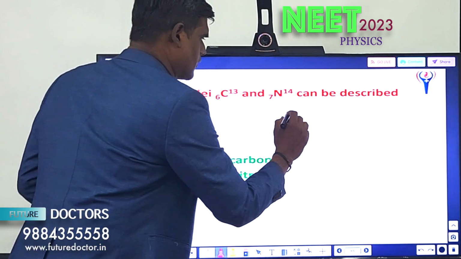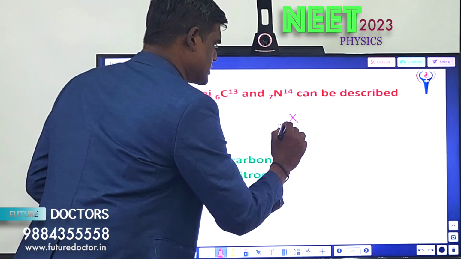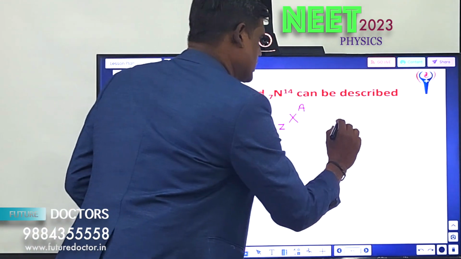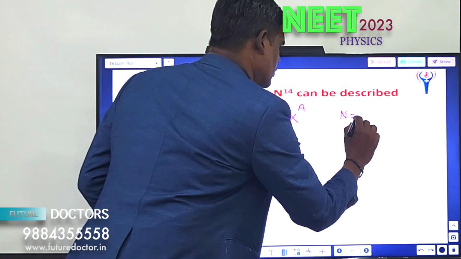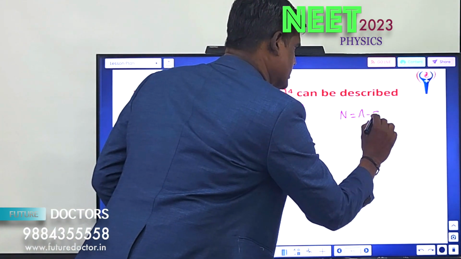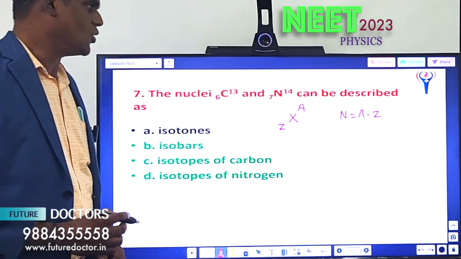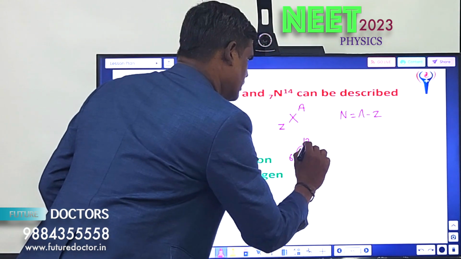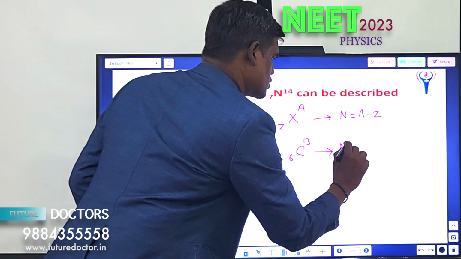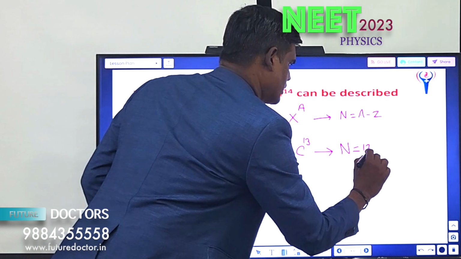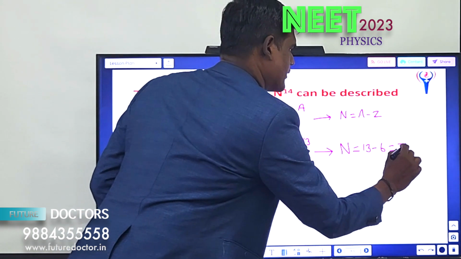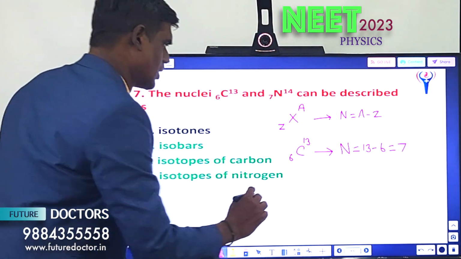We know the general formula, that is X, Z, A. How can you find the neutron number? That is N equal to A minus Z. That is the neutron number. Then first for carbon, C 13 6, the neutron number equals 13 minus 6, which is 7. Let's check for nitrogen.